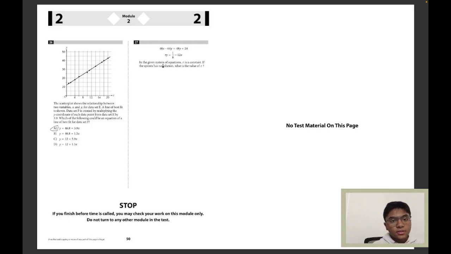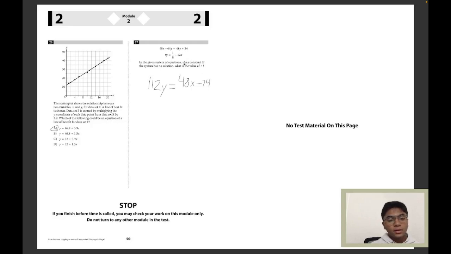Let's move around some terms. So up here you have 64y plus 48, so 112y is equal to 48x minus 24.